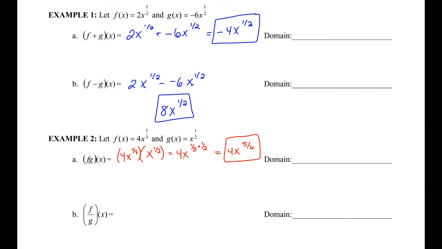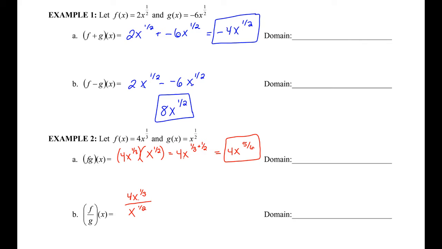So the last one that we're going to look at today is example 2b, and that's f over g.